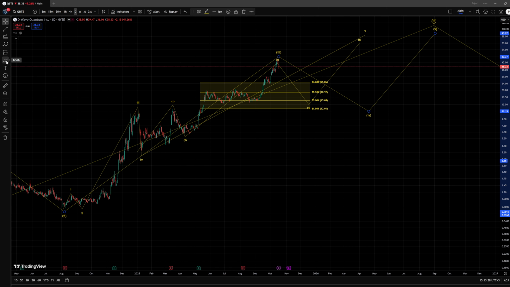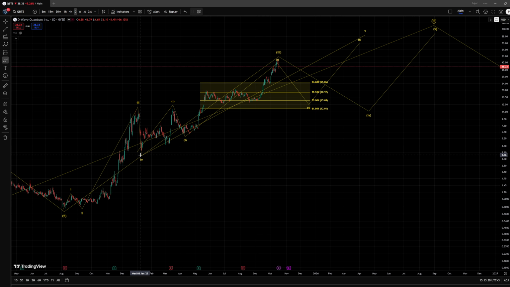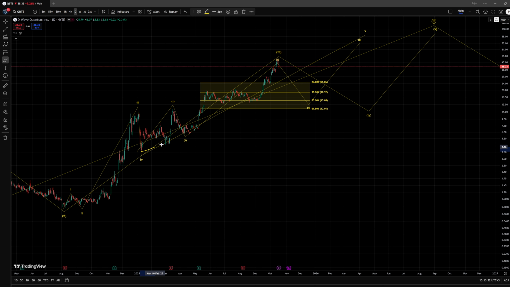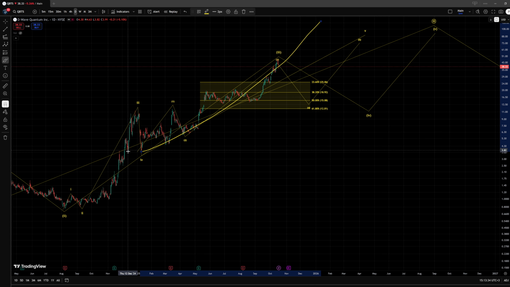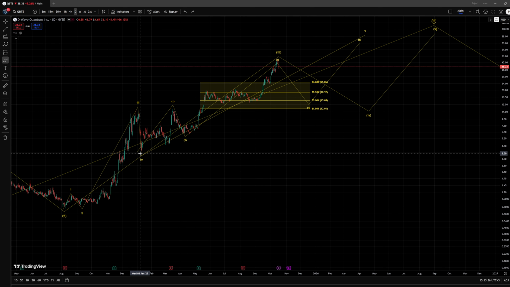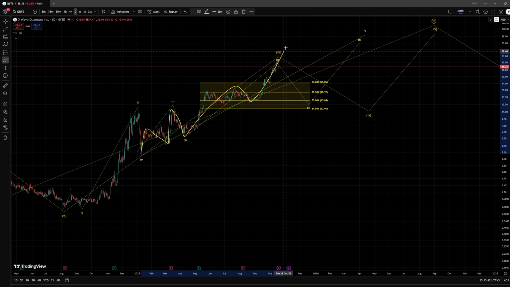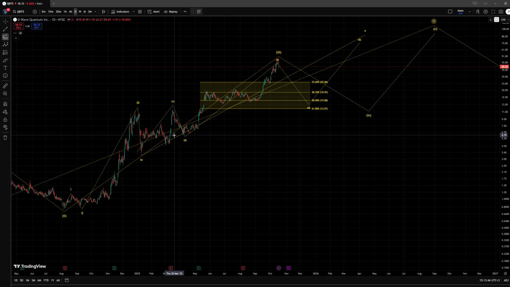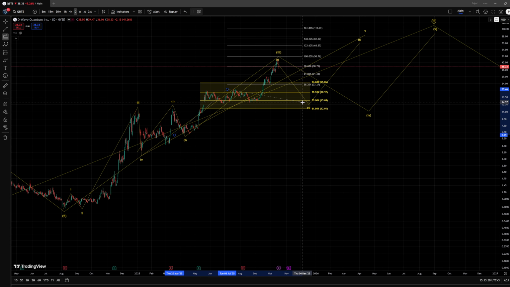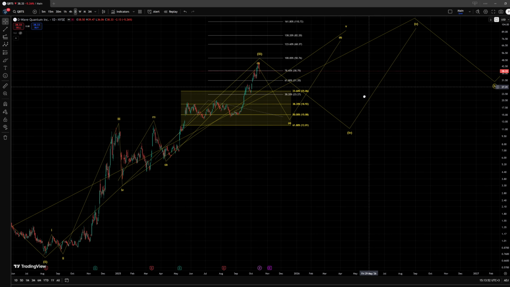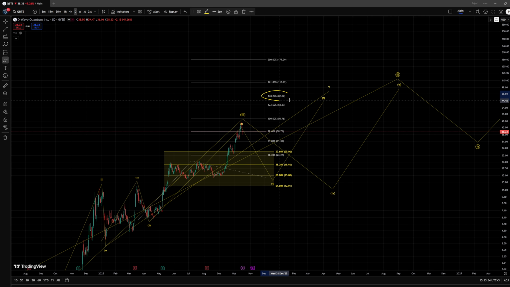What else I could see working out is the idea that this is instead developing as a third wave itself, but then this would have to be an impulse, and in that case I would need to count this as a series of 1-2 setups in this area, and then this would need to work out as the third wave to the upside. In that case I would probably have to see within this wave 3 the ideal target for such a wave, the 138.2% extension, the $82 level.